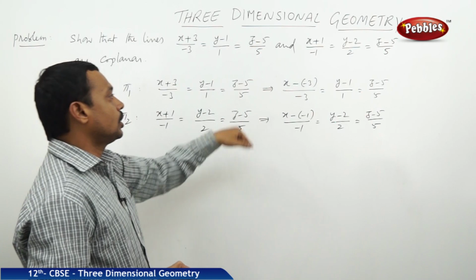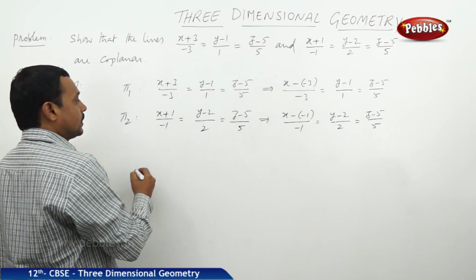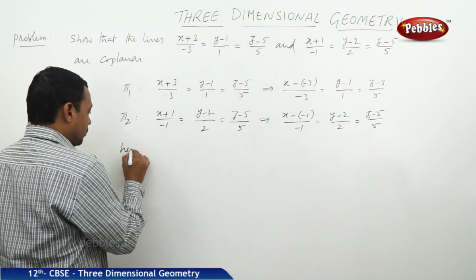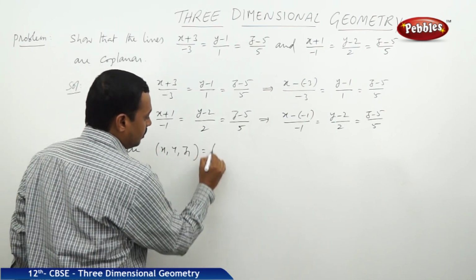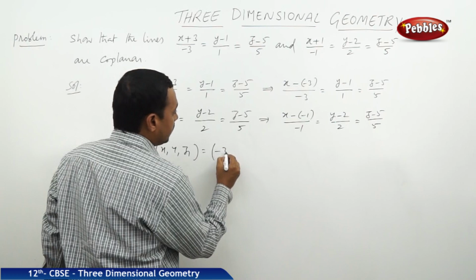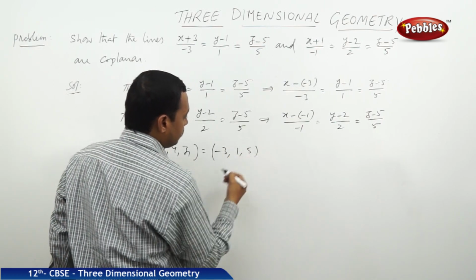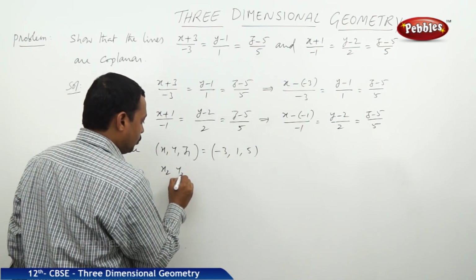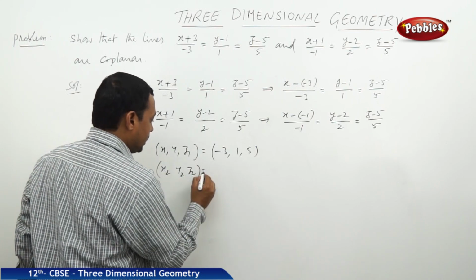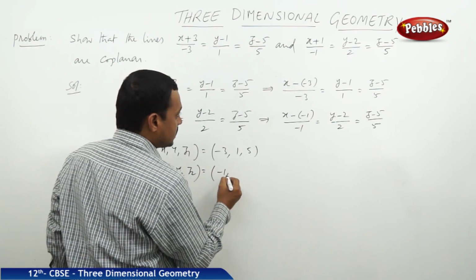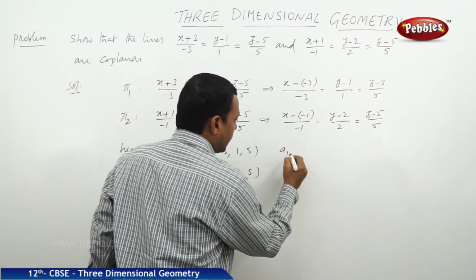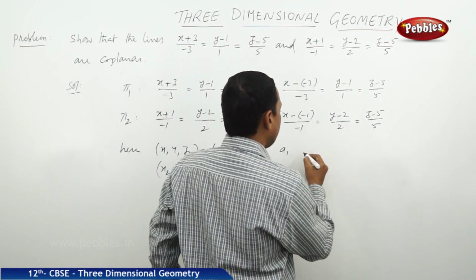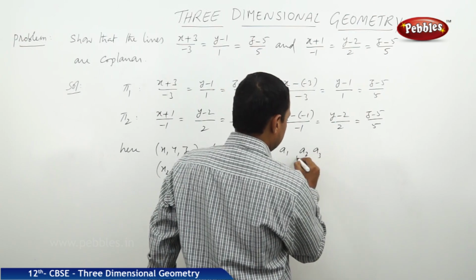Now these are the two lines. Here x1, y1, z1 is (-3, 1, 5), and x2, y2, z2 is (-1, 2, 5). The direction ratios are a1, a2, a3.